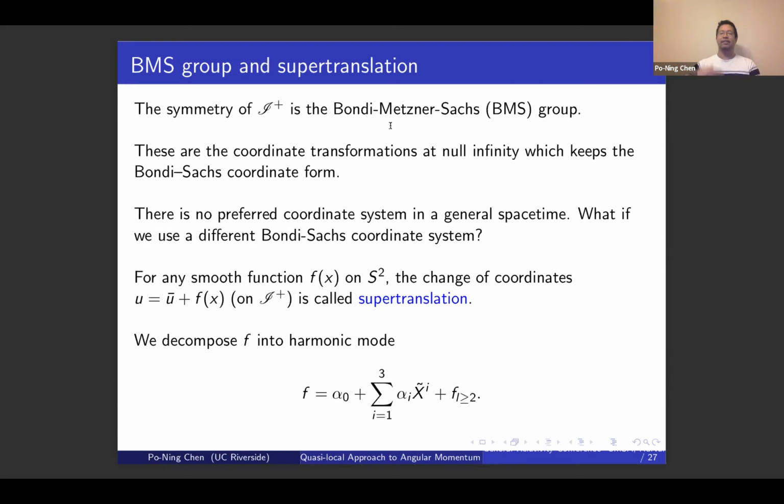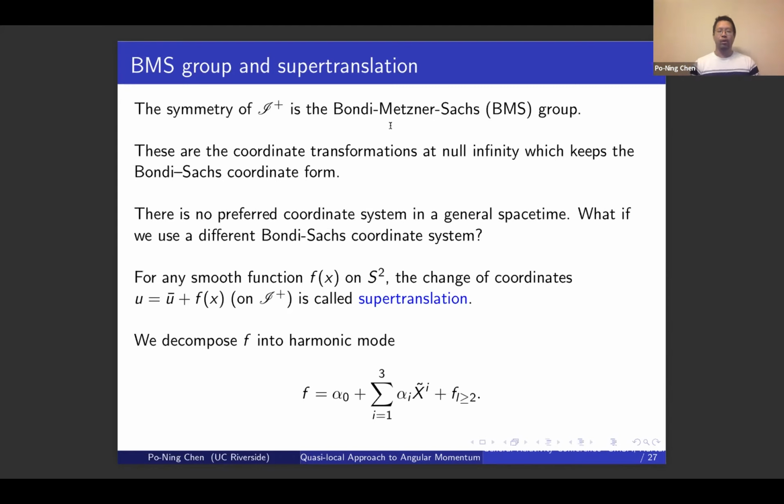In fact, this is infinite dimensional now. In general, this enhancement of symmetry is not necessarily a bad thing. You get a lot more things you can use. But roughly speaking, these are coordinate transformations at null infinity which keep the Bondi-Sachs coordinate form.